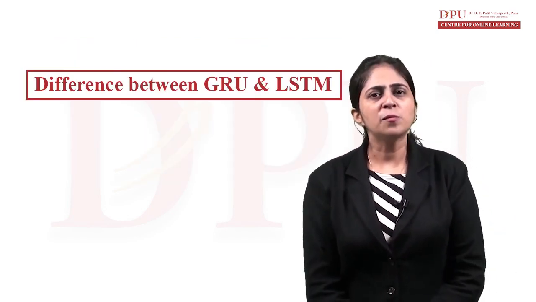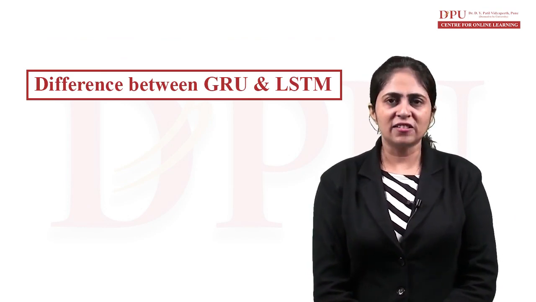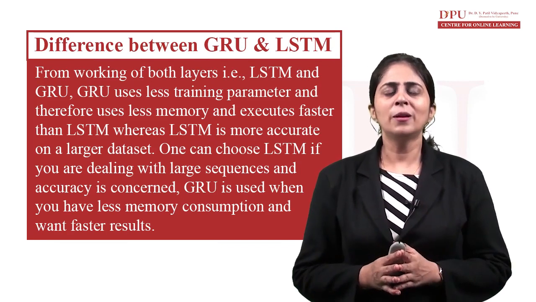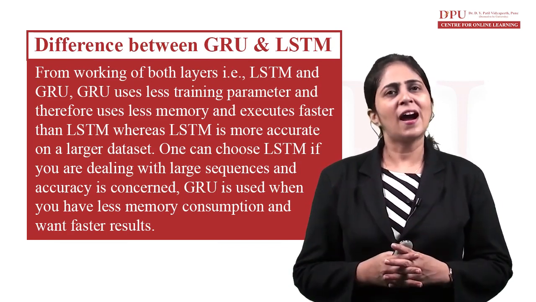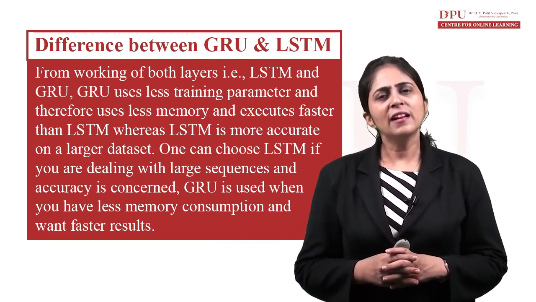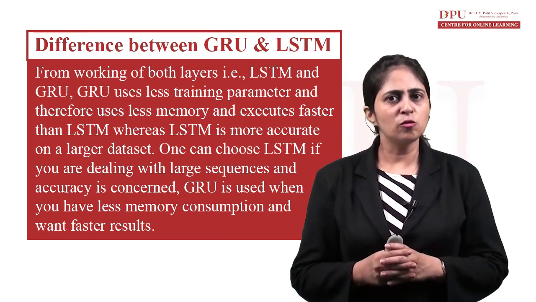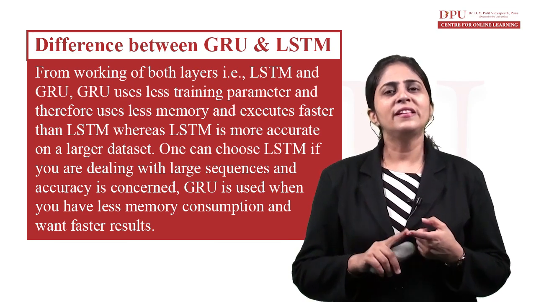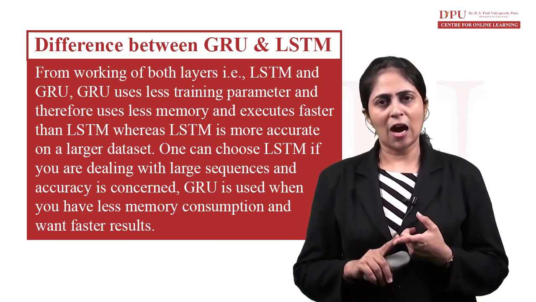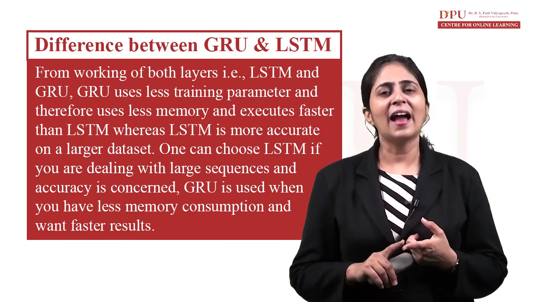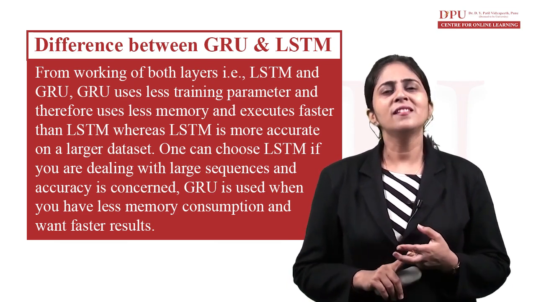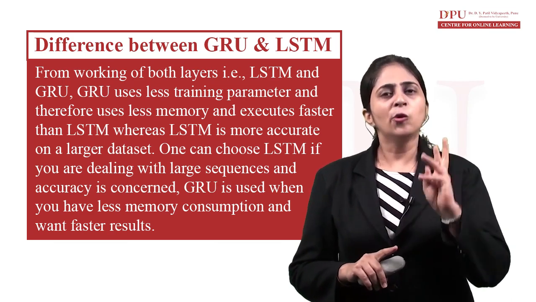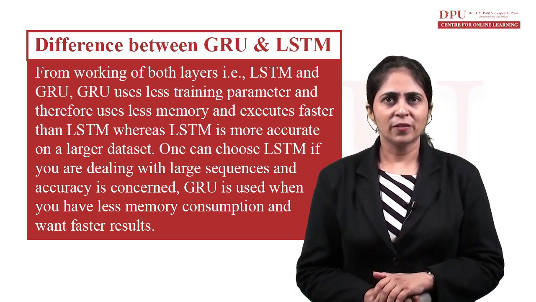Talking about the difference between GRU and LSTM. These 2 networks are basically developed as variations of RNN only, but there are a few differences between these 2 types of network. First, we have understood that GRU has 2 gates, the update gate and the reset gate, while we talked about how LSTM has 3 logistic sigmoid gates.